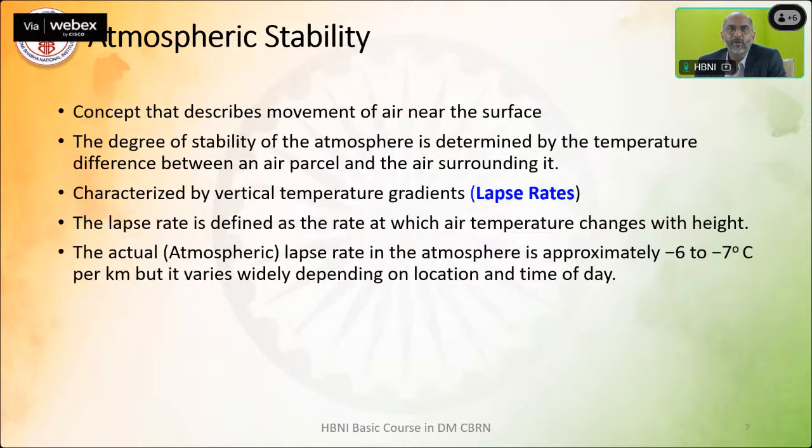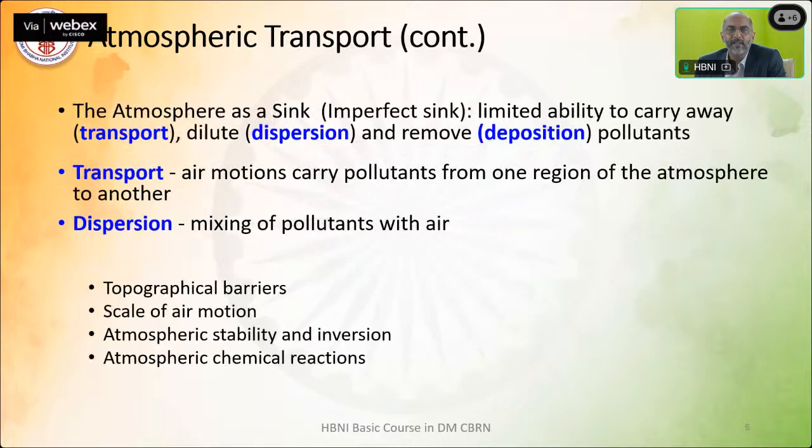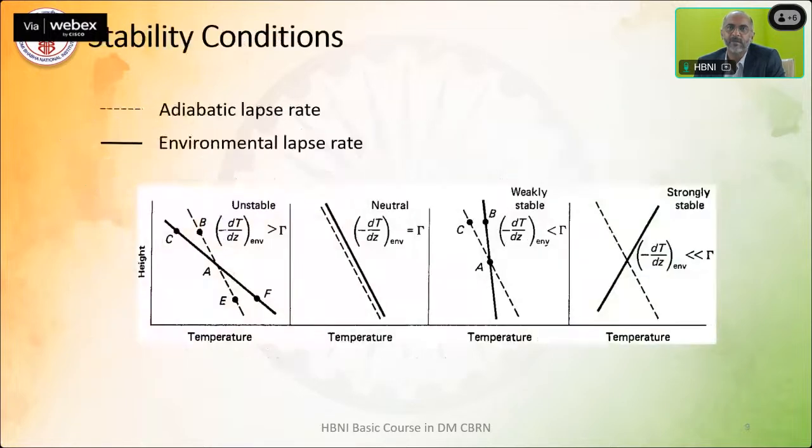I was talking about the stability categories, how the atmospheric transport and dispersion is influenced by various parameters, and one of the most important is the stability and the inversion characteristics of the atmosphere.